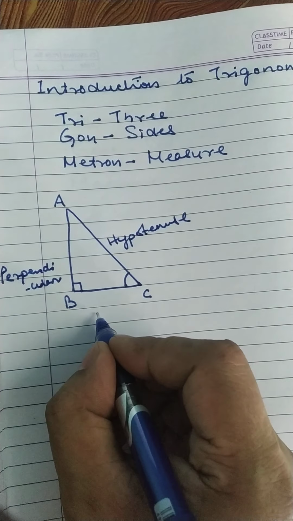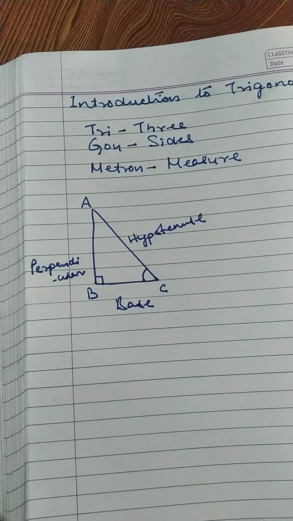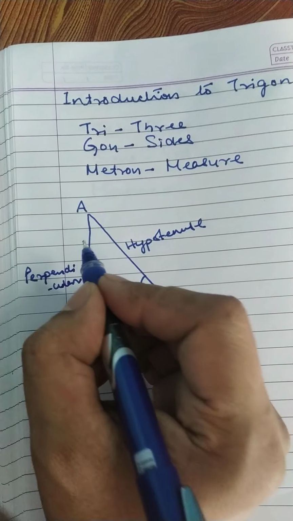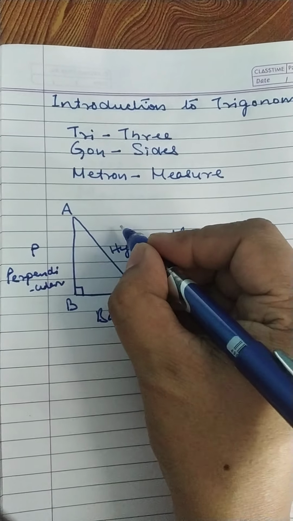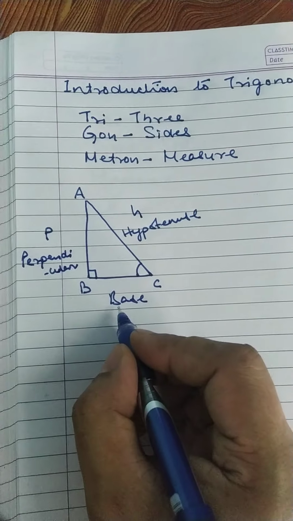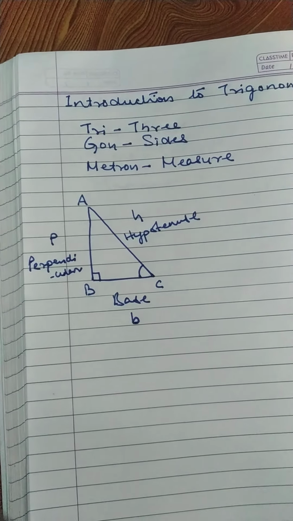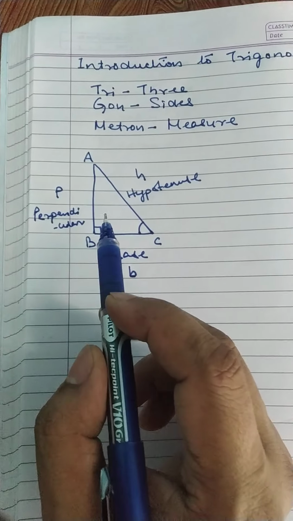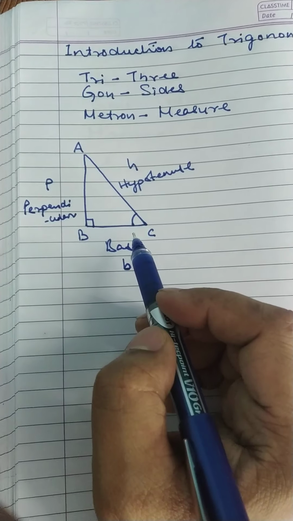And this side BC is called base. In short form, let's write perpendicular AB as P, hypotenuse AC as H, and base BC as small letter b. Now we are going to define some trigonometrical ratios with respect to this angle C.